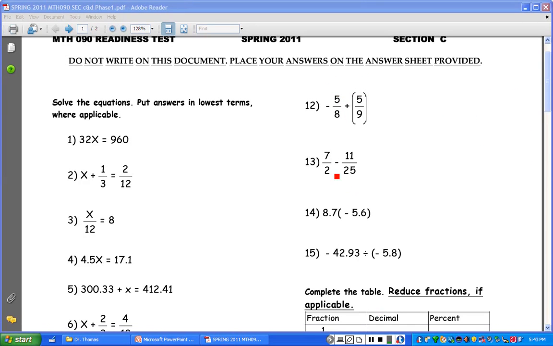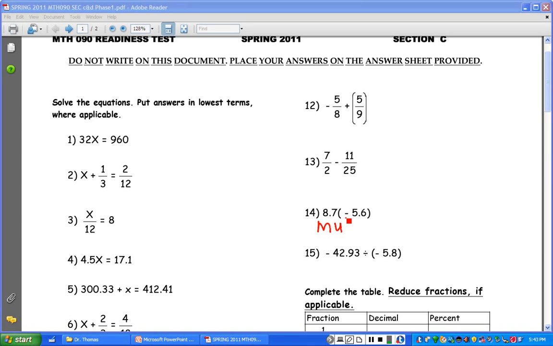Let's skip number 13 and go to number 14. We have 8.7. Now notice here that no sign is in front of this open parenthesis. So when a number is right next to the open parenthesis, this means multiplication.